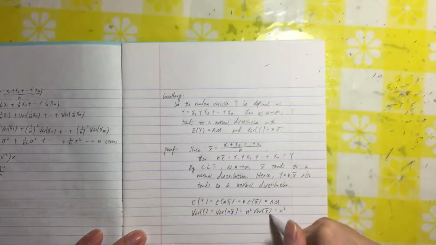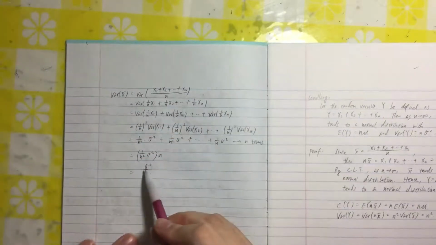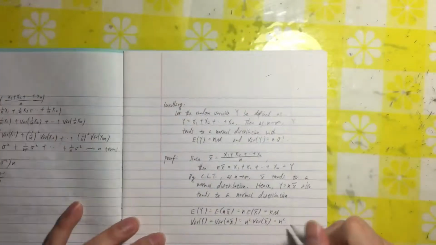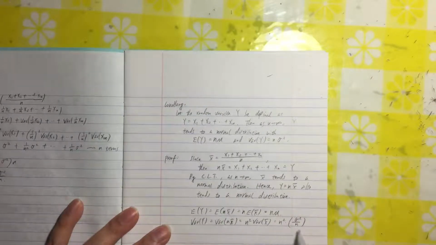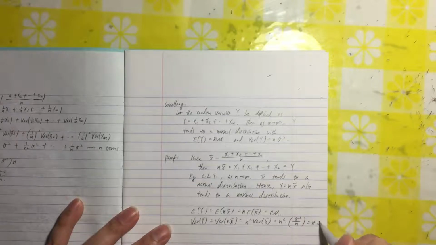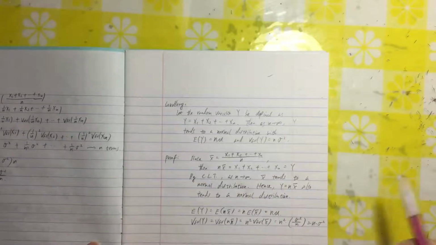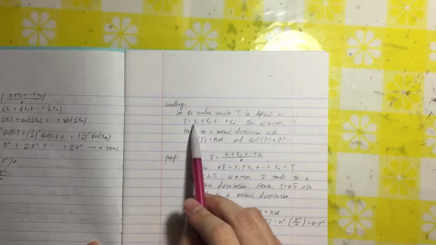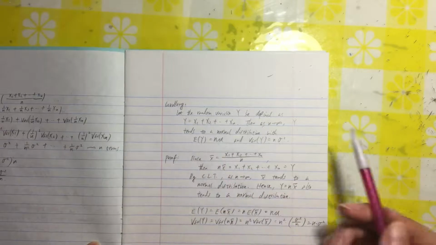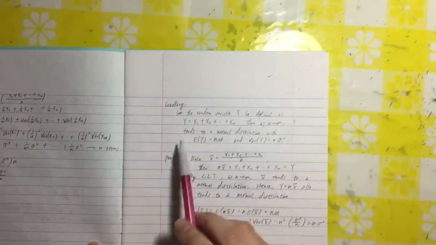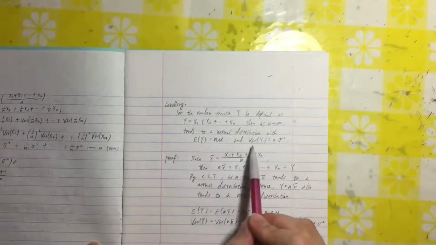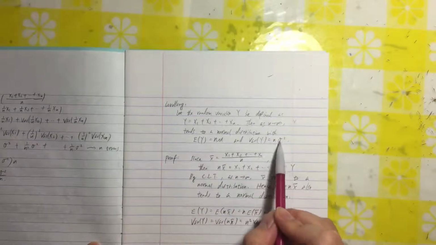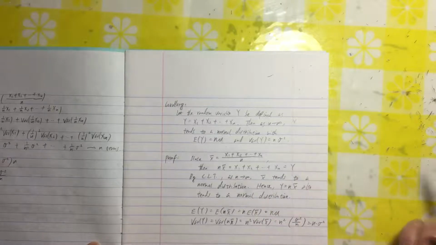And we know that the variance of S bar is sigma squared over n. Here I cancel one of the n. I get n times sigma squared. So if y is the sum of independent identically distributed random variables, then as n tends to infinity, y also tends to a normal distribution, where the expected value of y is n times mu, and the variance of y is n times sigma squared, where sigma squared is the variance of x.